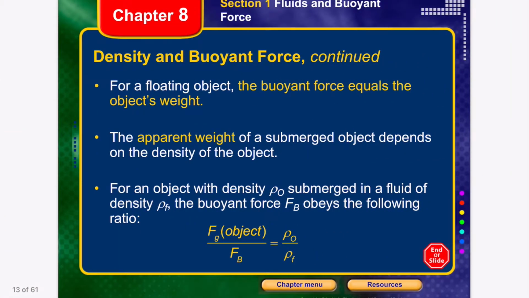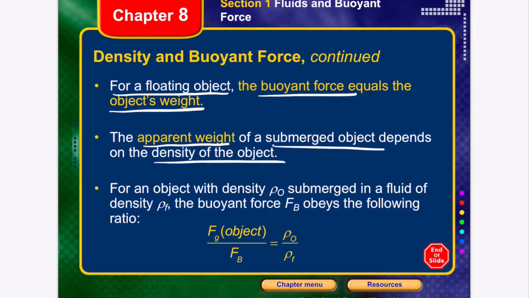Now let's continue the topic. For a floating object, the buoyant force generally equals the object's weight. There is also what we call the apparent weight. The apparent weight of a submerged object depends on the density of the object.